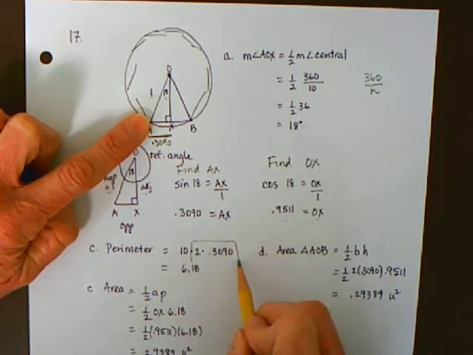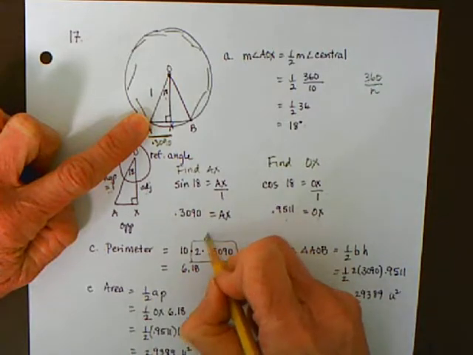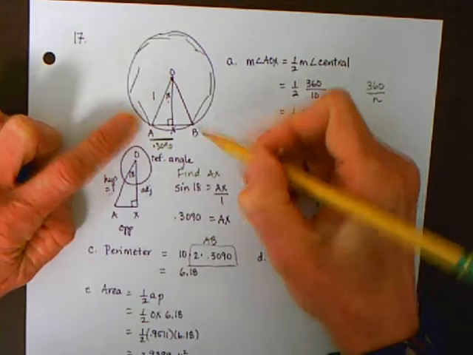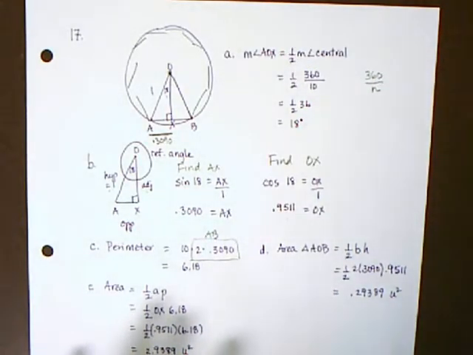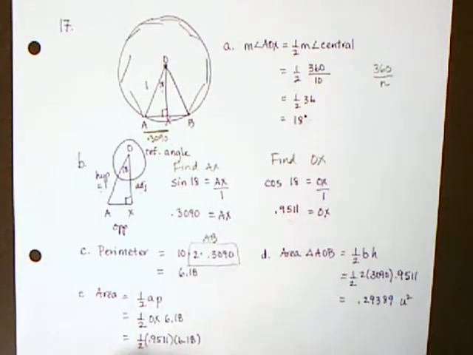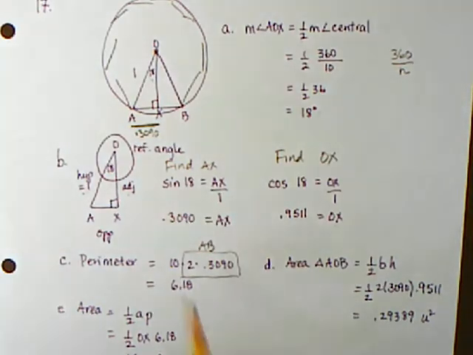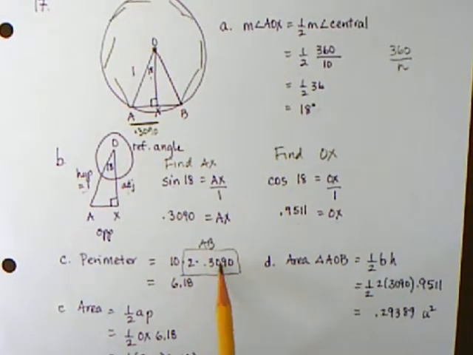So this represents the side length of AB. And, because it's a decagon, I have 10 of those. So I need to multiply that times 10 to get my perimeter. So I have 10 times the side length of AB. The way I get AB, that's 2 AXs. So that's going to be 6.18 when the smoke clears.